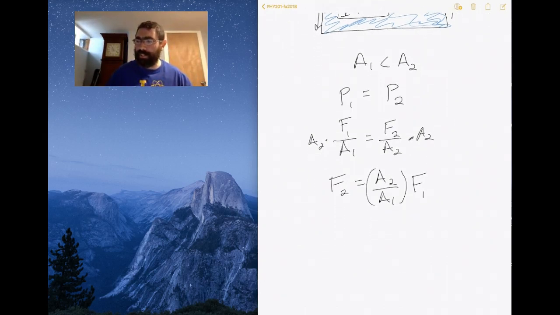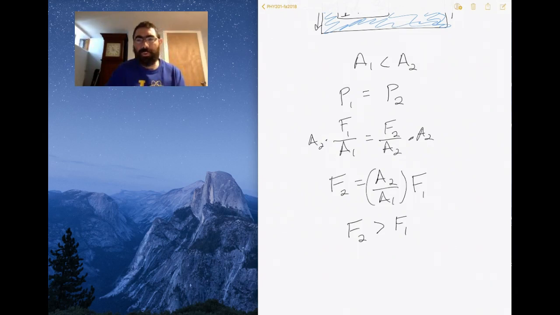Now I said that area 2 is much bigger than area 1, therefore force 2 should be bigger than force 1. So I've now made a device which basically multiplies the amount of force that I have.